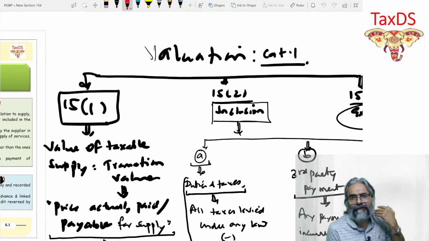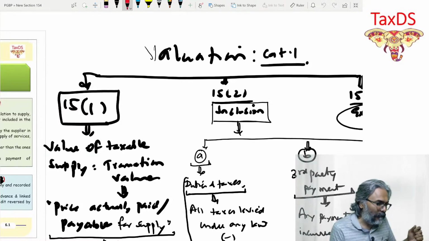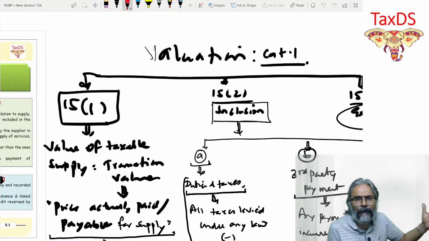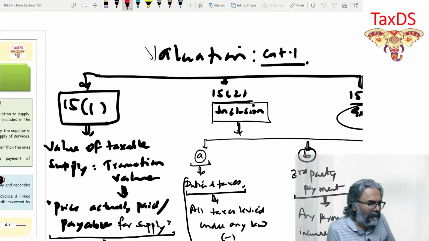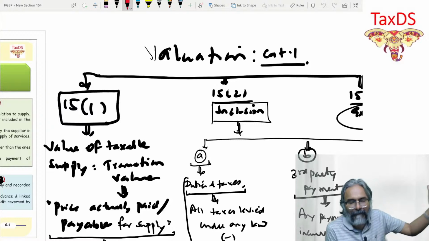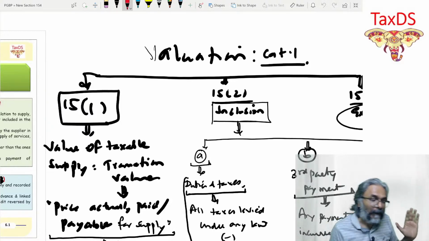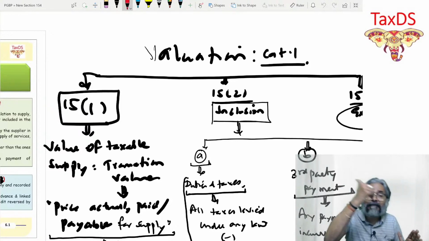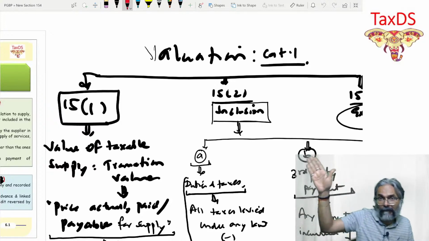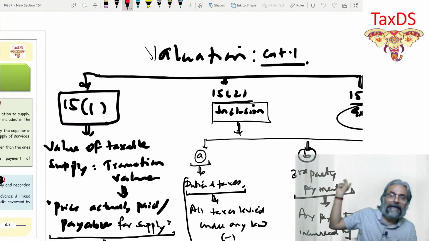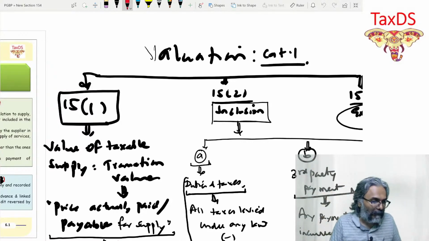So the transaction value becomes the basis, and on that transaction value you add 15.2 and 15.3, that is, add 15.2 minus 15.3. The second valuation is under 15.4, which will take you to the various valuation rules.